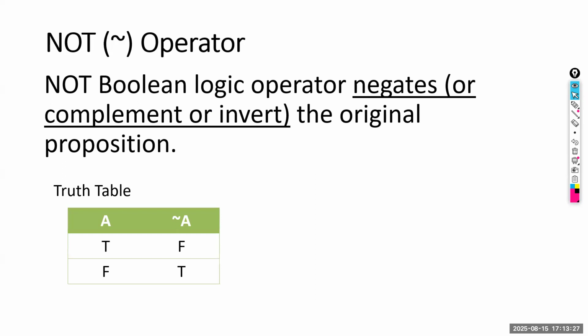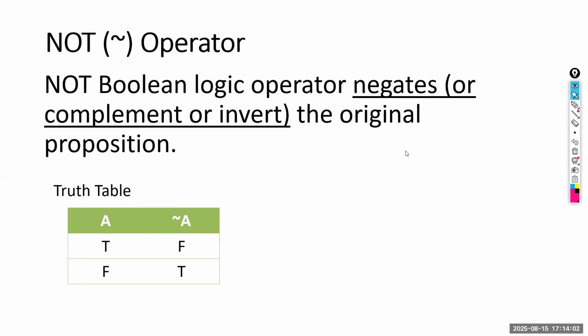So therefore, the truth table for not is: if the original is true, not A is false. These are all propositional variables. The good news about a propositional variable is it can take only two values, true or false. But if I say x, x can be 1, x can be 2, x can be -3. But if it is a propositional variable, only two values are possible, true and false. So if A is true, not A is false. If A is false, not A is true.